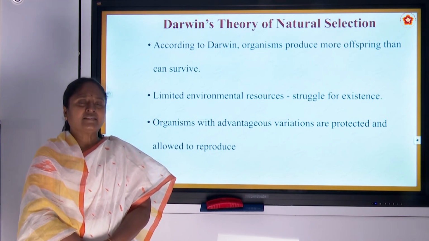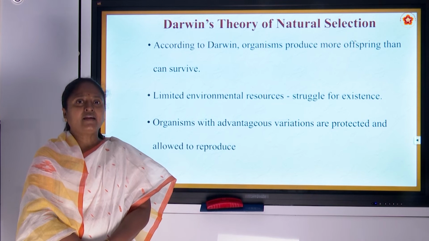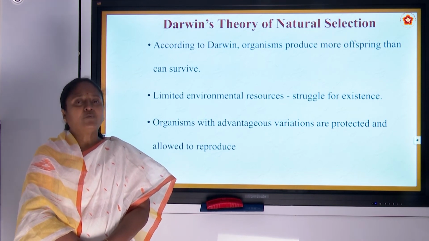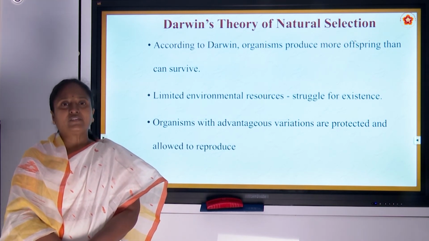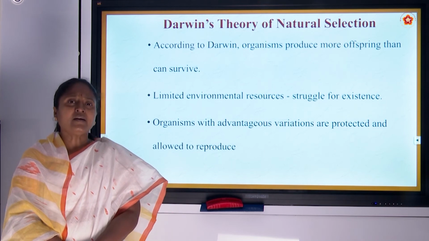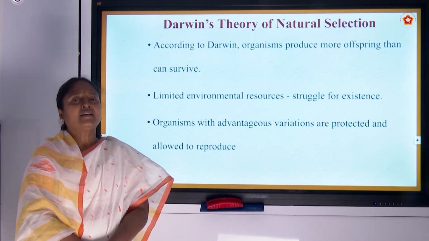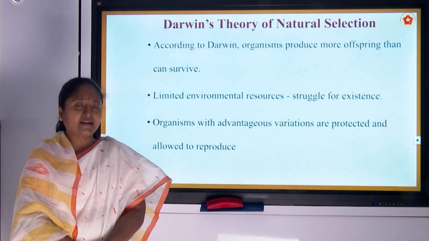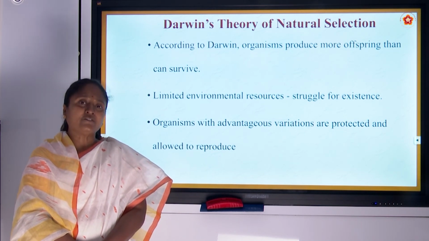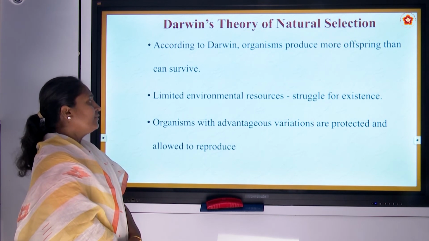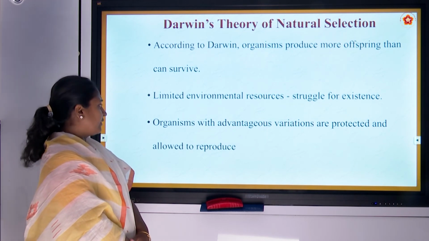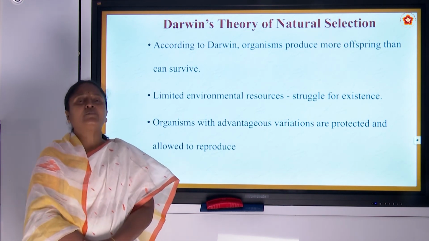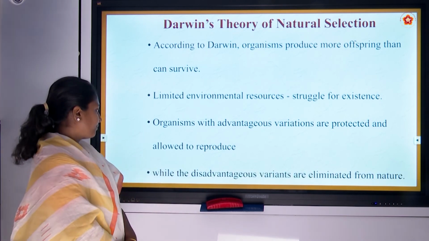Based on that, we can see some of the organisms will have a better grazing ability and will move further away, and then they can get more and more of the resources available, right? Some organisms will have small differences from other organisms. Based on that, this organism will become advantageous, and this variation protects it and also allows the organism to reproduce.